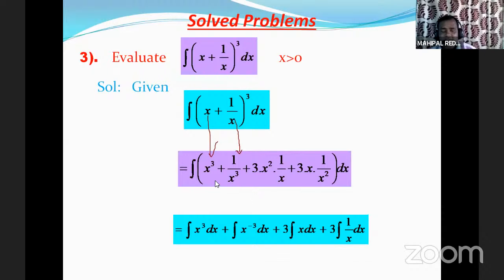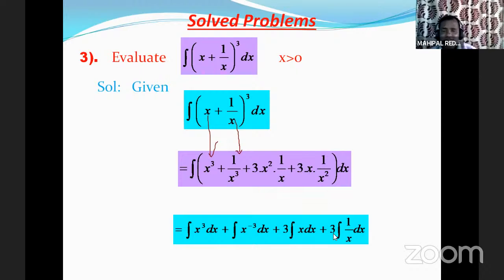So I am writing the integration as individual integrations: integration of x cube, integration of 1 by x cube. Since the variable is in the denominator, when brought to the numerator, x power 3 becomes x power minus 3. Here x square by x, one x cancels, and the remaining is 3x; I write the 3 outside, integration of x.